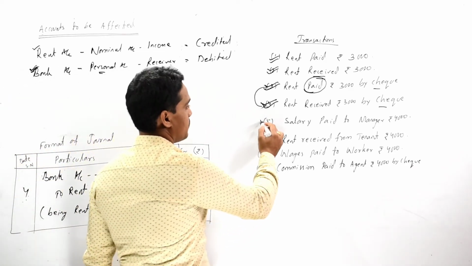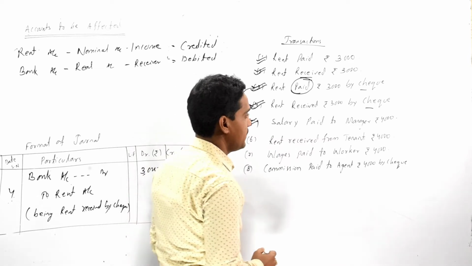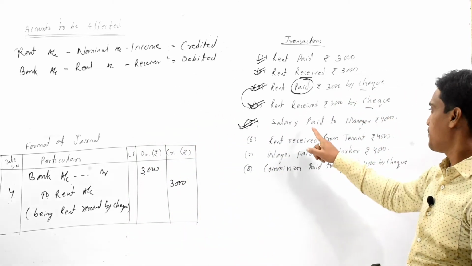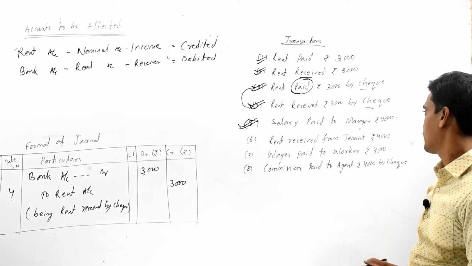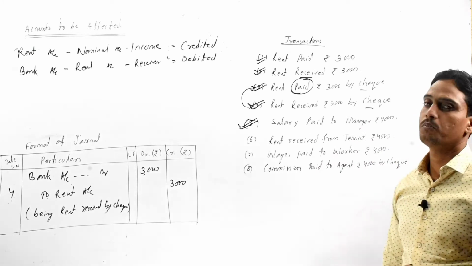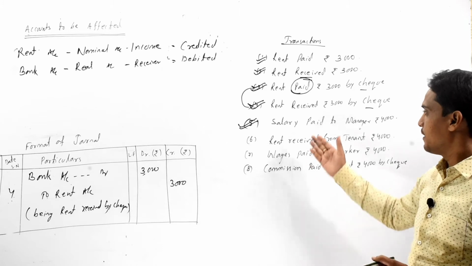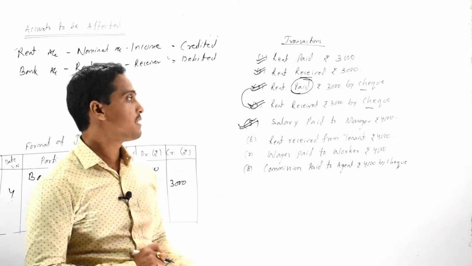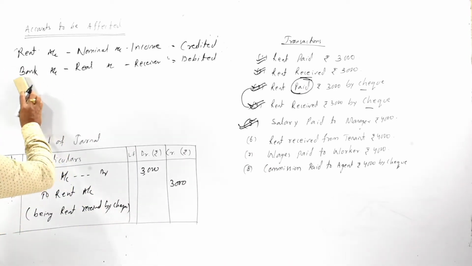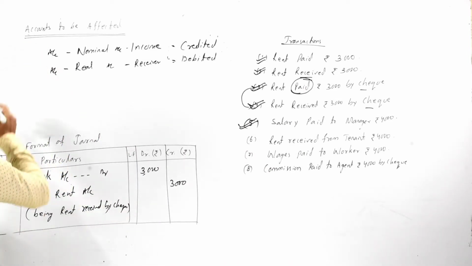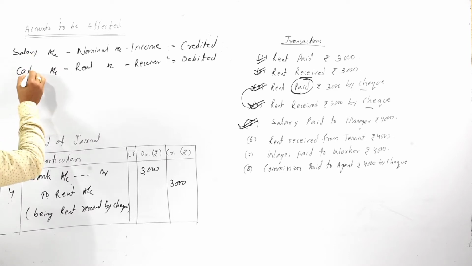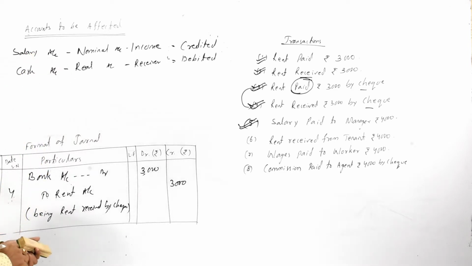Now come to our fifth transaction, that is salary paid to manager rupees 4,000. In this transaction, our salary account and cash account should be affected.